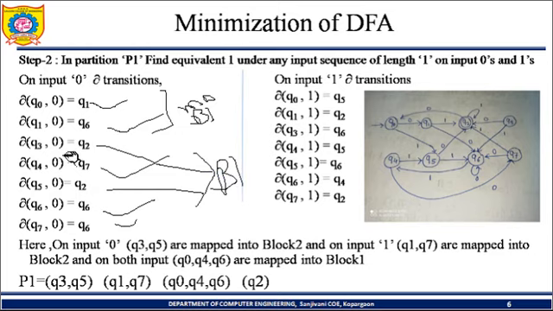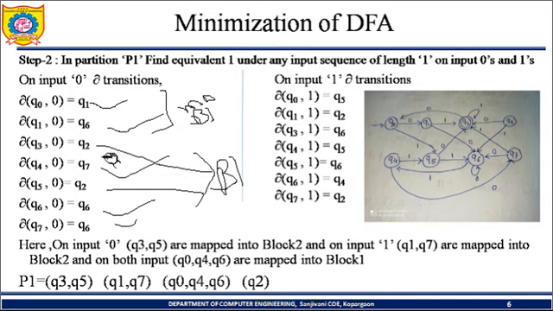Why? Because after taking 0 as input Q3 will be in Q2 and Q5 also is in Q2, and Q2 is in another block. That's why on input 0 Q3 and Q5 are mapped into block 2, and all remaining states are mapped into block 1.